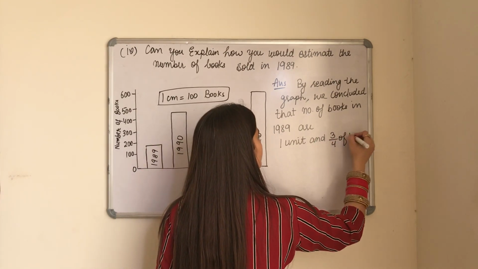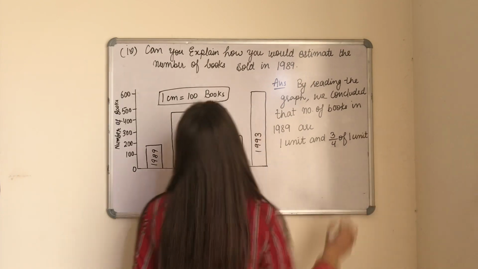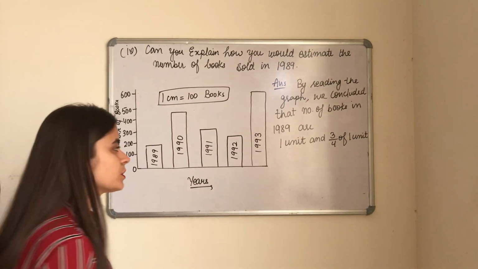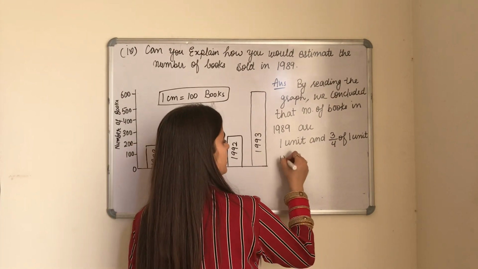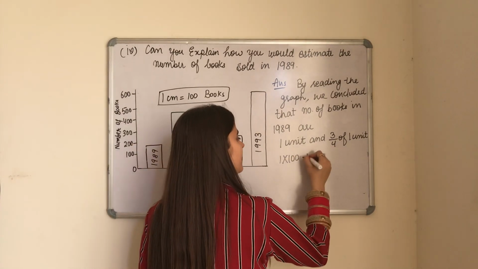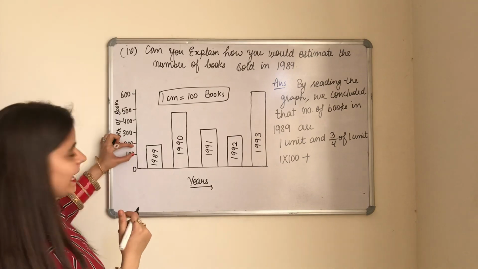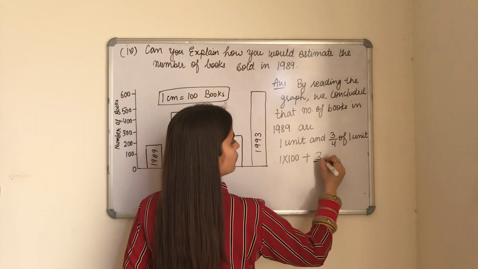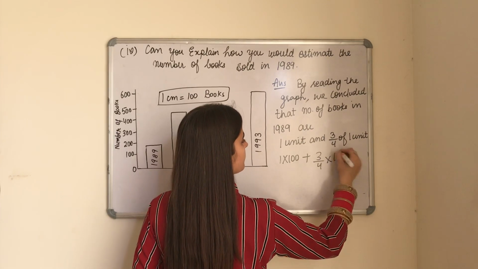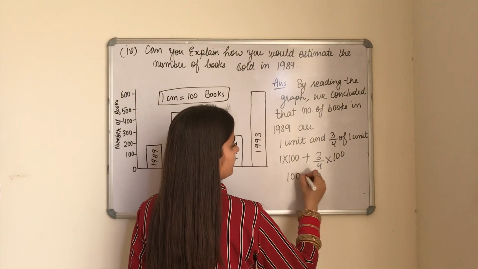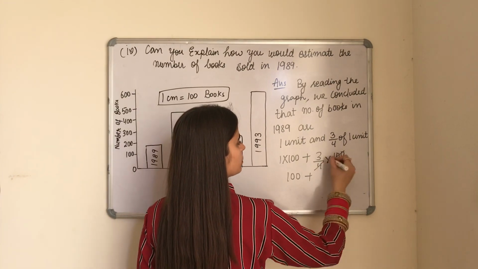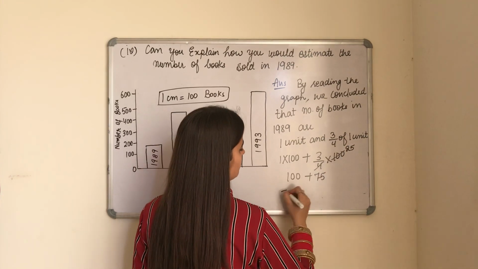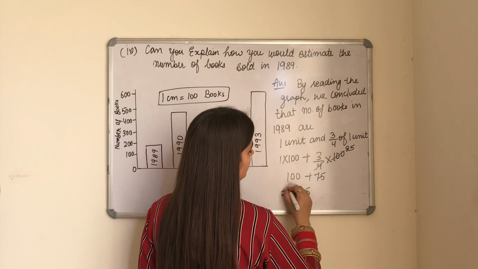We know 1 unit equals 100 books. So 1 multiplied by 100 plus 3/4 of 100. 100 plus 25 times 3, which is 75, equals 175.